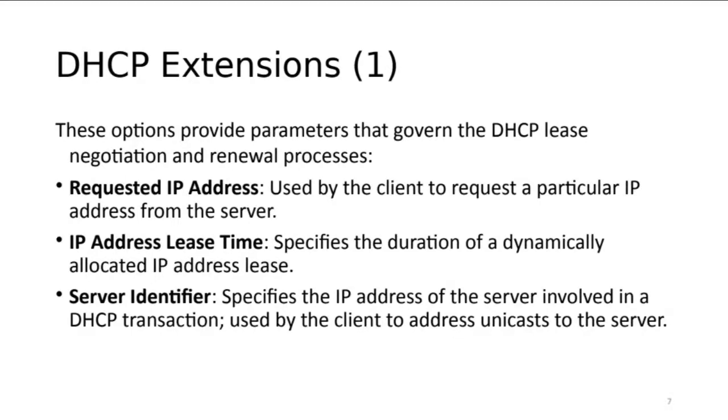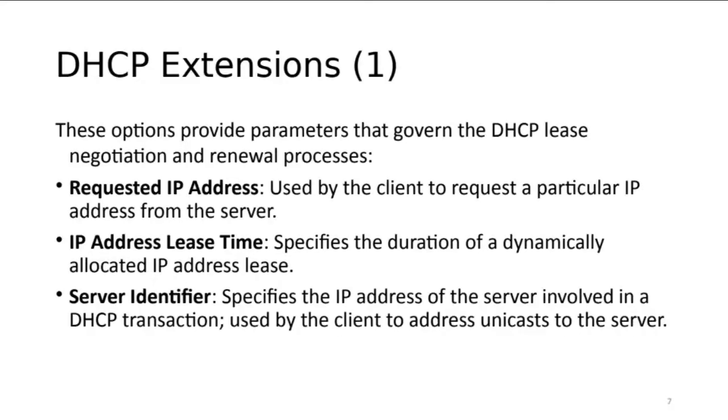Also, these options provide parameters that govern the DHCP lease negotiation and renewal process. Requested IP address is used by the client to request a particular IP address. Lease time, this is what we just talked about, specifies the duration of a dynamically allocated IP address.